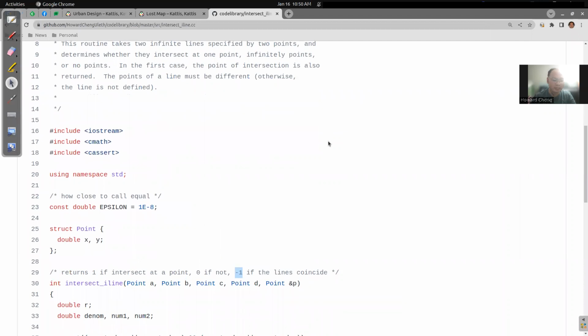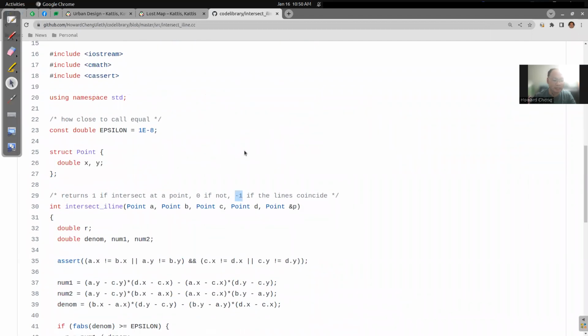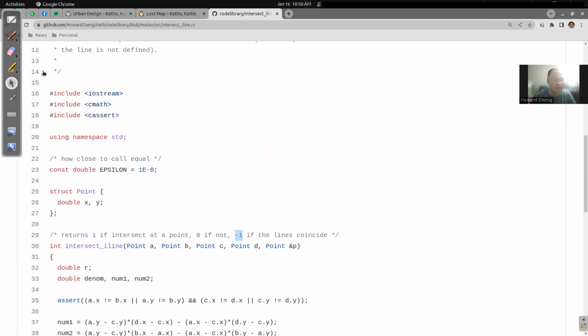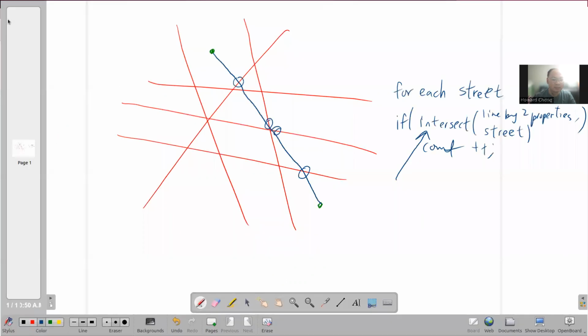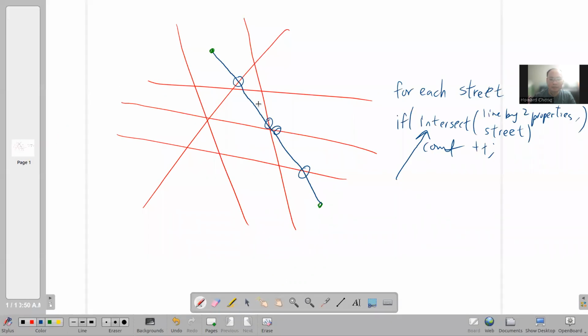But the idea is that you use this intersect line function to count the number of times the line defined by the 2 properties intersects the street. But there's a little bit of a problem.